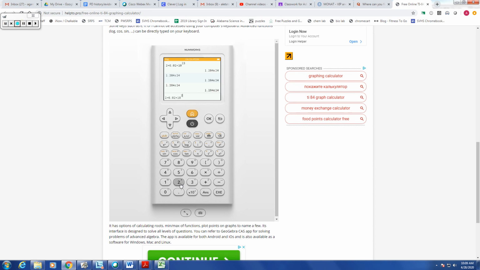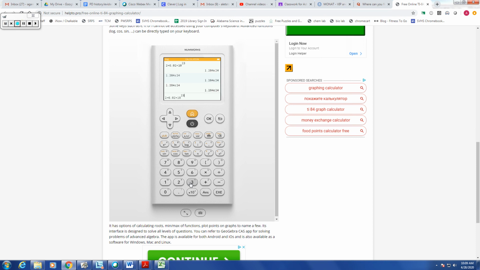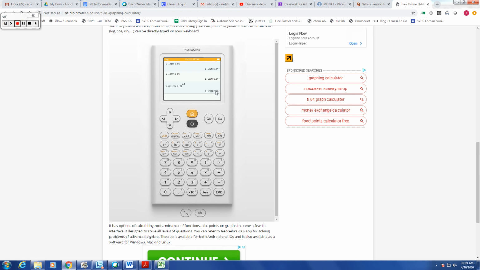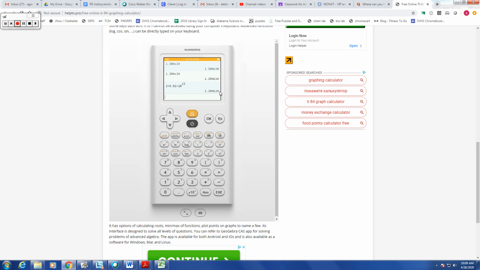Let me finish this and I'm going to find some images to show you. Okay, so 2 times 6.02 times 10 to the 23rd. And then you're going to execute that. And so here's your answer. So when you record that, you should write 1.204 times 10 to the 24th. It doesn't put times 10 in the answer typically. Typically it's going to say E24.